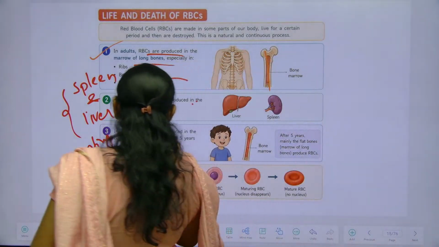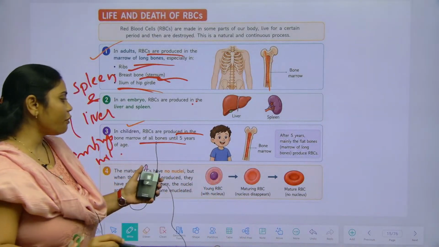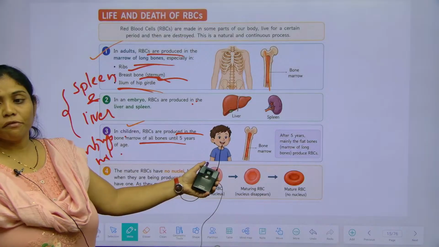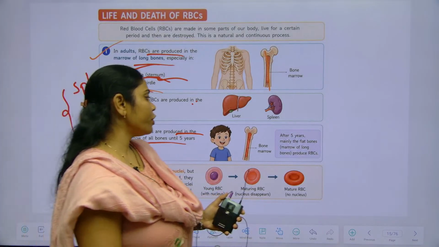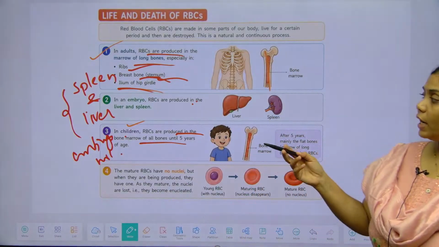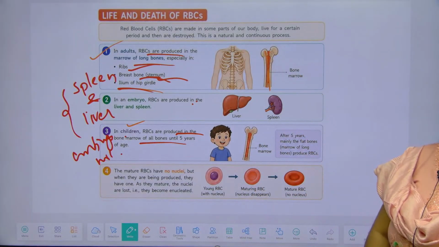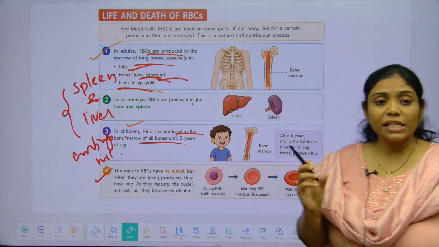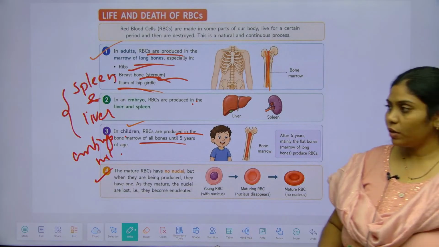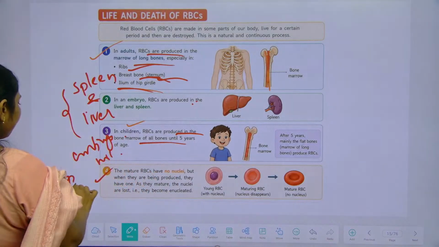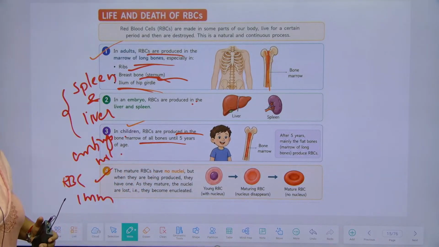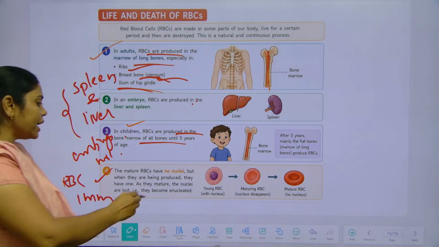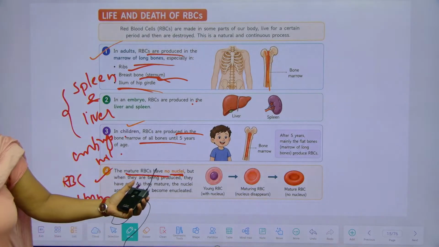Coming to children, RBCs are produced in the bone marrow of all bones, not only in the long bones, in all kinds of bones, under 5 years old. Clear? But after becoming an adult, RBCs are produced only in the bone marrow of the long bones. While RBCs are produced, in the immature stage it has a nucleus, but while it is maturing, it loses its nucleus.